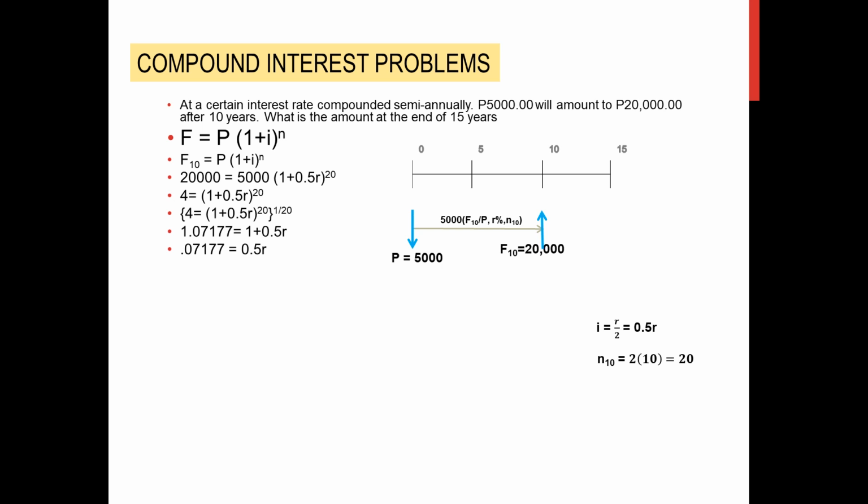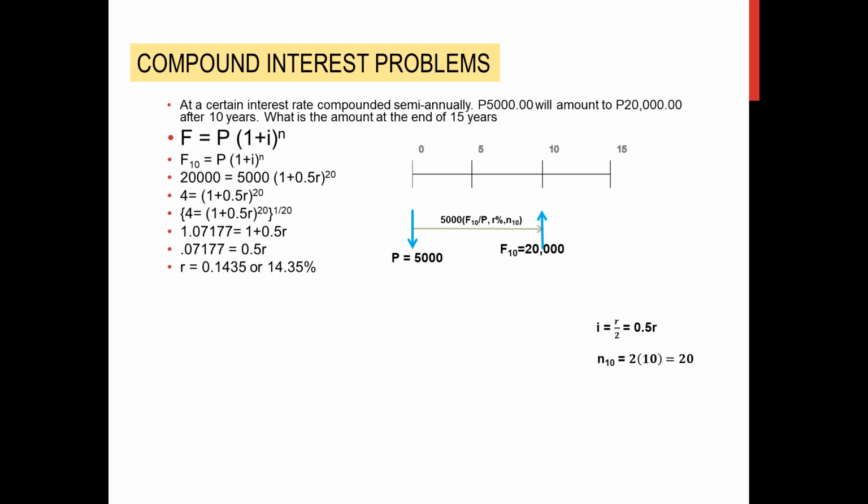Okay, and then transpose 1 to the other side to become a difference of 0.07177 is equal to 0.5 of R, and then divide both sides by 0.5 will arrive at 0.1435 or 14.35%.